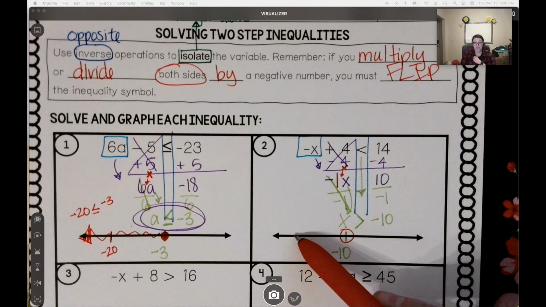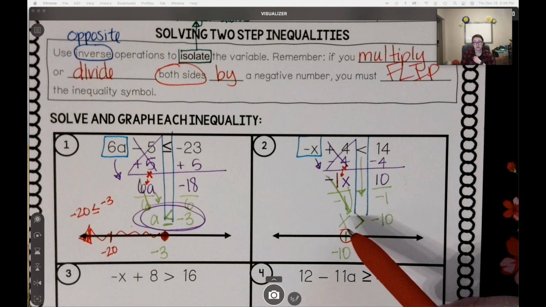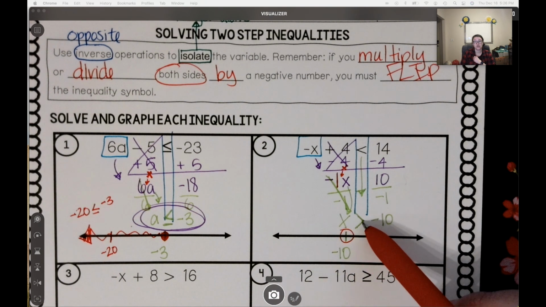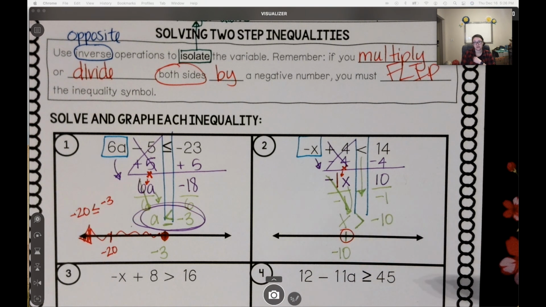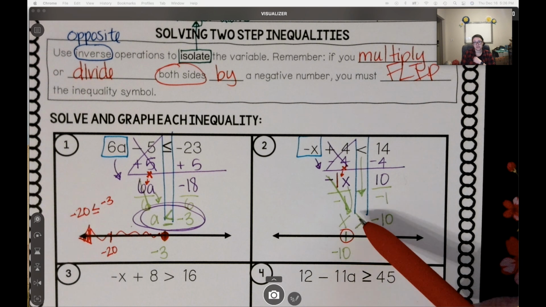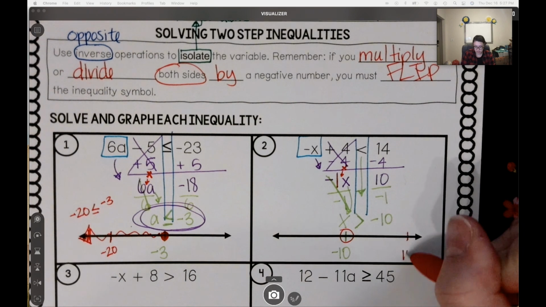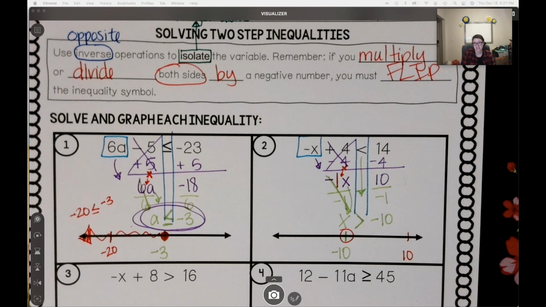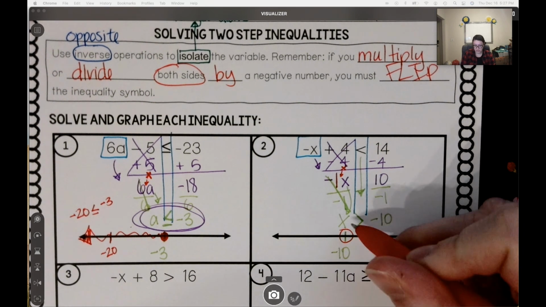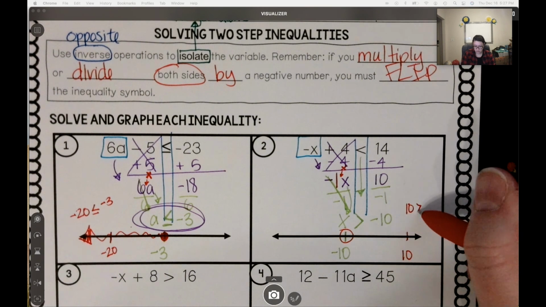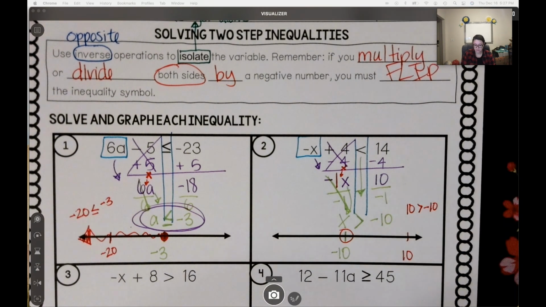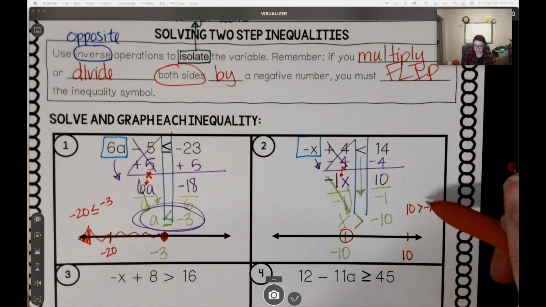And are we going to shade to the left or shade to the right? For numbers where x is greater than negative 10, let's think about where positive 10 would be and try plugging that in to see if it works. Is 10 greater than negative 10? Yeah, it is.